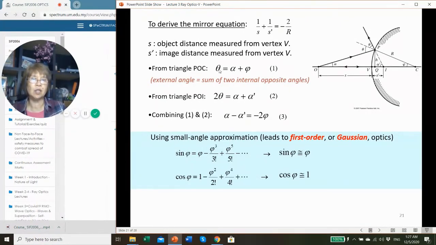You have 2 theta minus 2 theta, that's 0. Alpha minus alpha... gives you alpha plus 2 phi minus alpha prime. The 2 phi, bring it to the other side, will give you negative 2 phi. Now, as we are considering the small angle approximation, sine phi can be approximated to phi, and cosine phi approximated to 1.